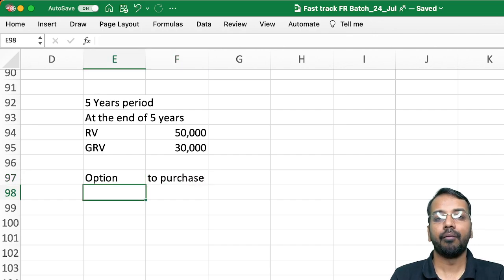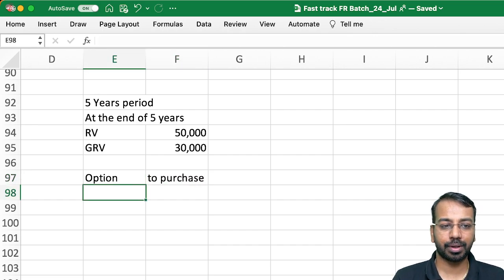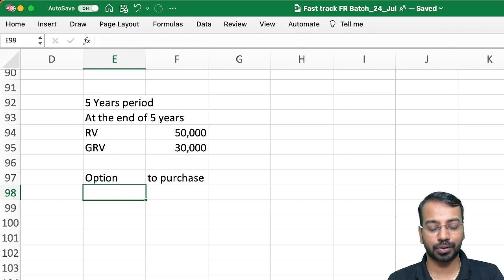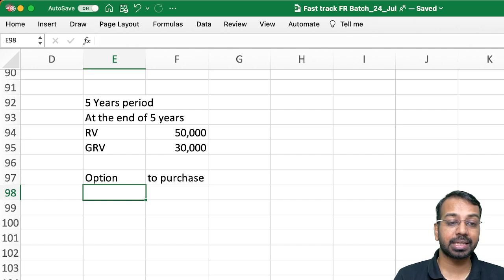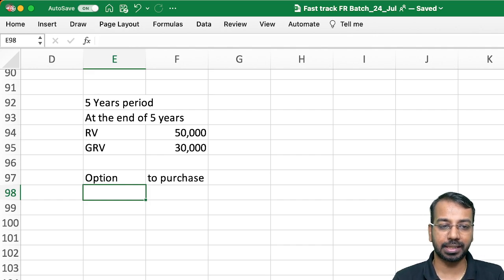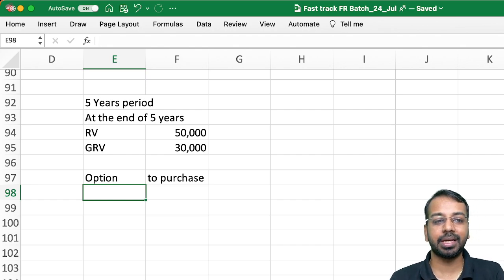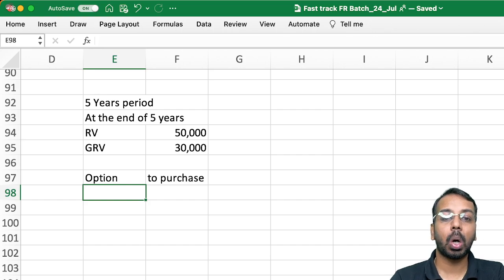Please remember, whenever we talk about option, it comes in future, and option gives us a right to purchase or a right to sell. When I say I have an option to purchase, the other party has an obligation.